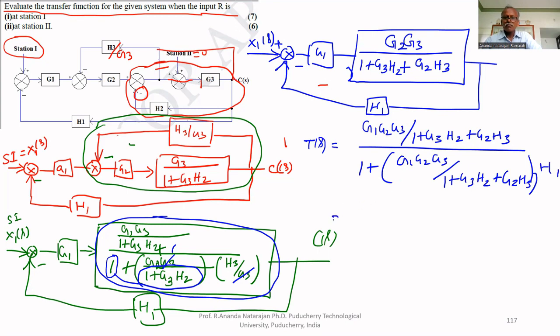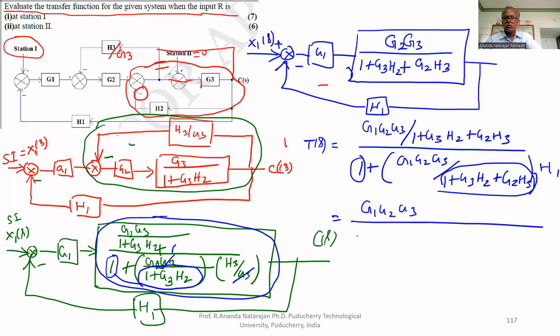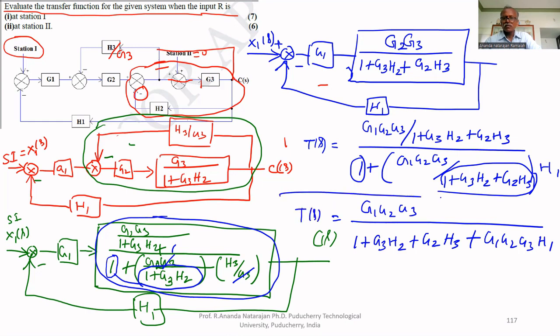So if you take the LCM, this 1 will be replaced by this denominator. Therefore, what you are getting is G1 G2 G3 whole divided by 1 plus G3 H2 plus G2 H3 plus G1 G2 G3 H1. That's all. This is the final transfer function if you consider station 1.